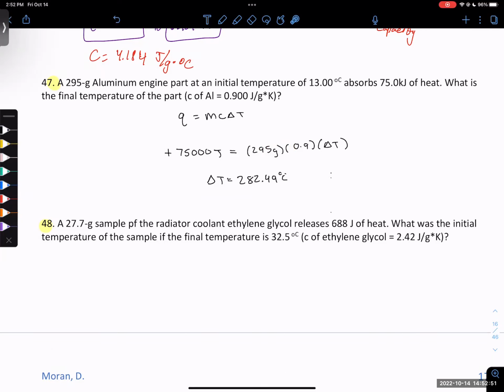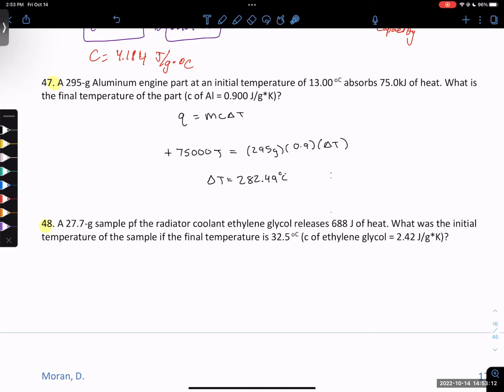Okay. Do you have to convert the temperature to Kelvin? Isn't it the same? The unit is joules per gram Kelvin. Yes, but if you increase your temperature in Kelvin by 1, you're increasing your temperature in degrees Celsius by 1. Wait, so it's the same thing in this case?